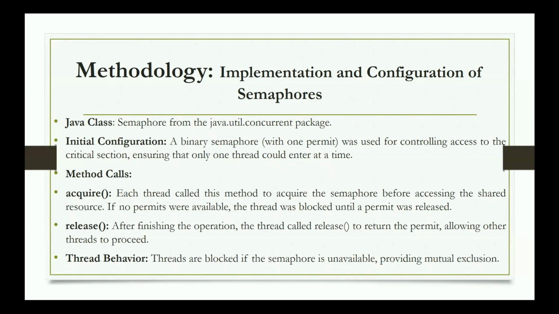We created a shared resource, and we created 10 threads to access the same resource, and we used semaphores to obtain the lock and release the lock as the case may be. For semaphore, there's an acquire method and a release method. Before we access our shared data, we acquire the lock, and when we are done, we release the lock.